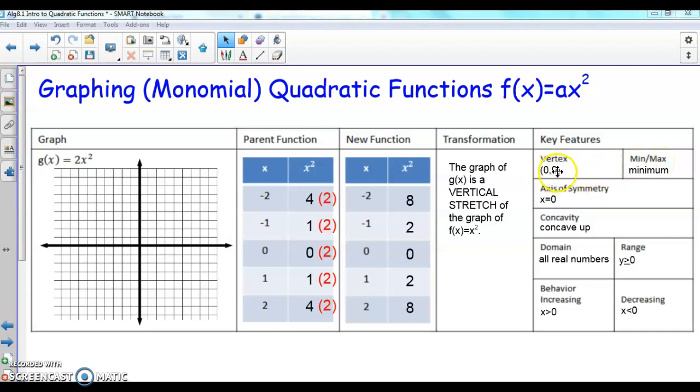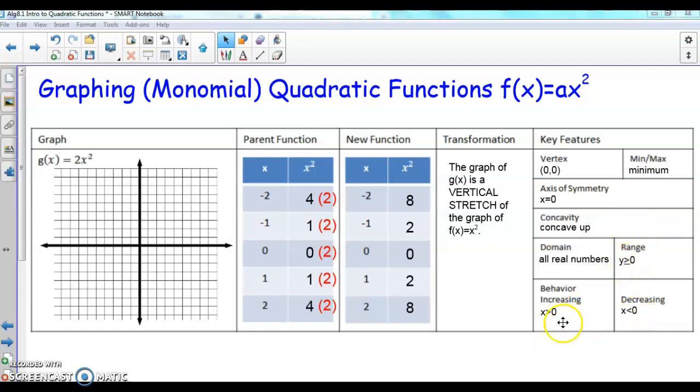Once you have the x and y coordinates of the vertex, that will give you a clue as to how you're going to write your axis of symmetry and your range. So x is equal to, take the x coordinate, and then y is greater than or equal to, take the y coordinate. So when is this greater than or equal to, and when is it less than or equal to? If it's concave up, then the range is greater than or equal to it.